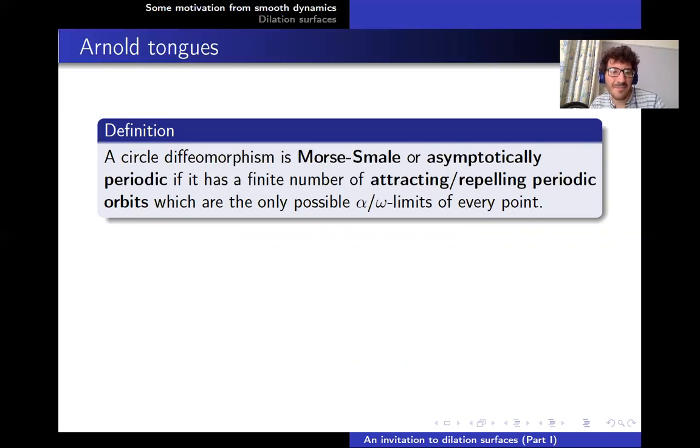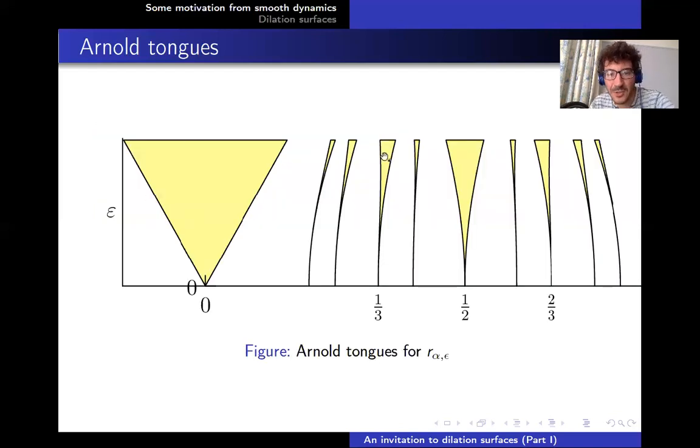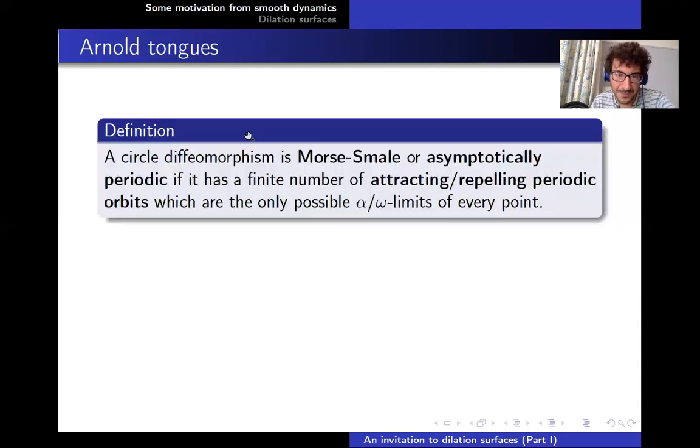A map, in that case a circle diffeomorphism, but I'm going to extend that to a lot more one-dimensional maps, is Morse-Smale or asymptotically periodic if you only have periodic orbits and they drive the entire dynamics. So if you take any single point, its orbit is going to limit onto a periodic orbit. So the examples that we see in the tongues are Morse-Smale.